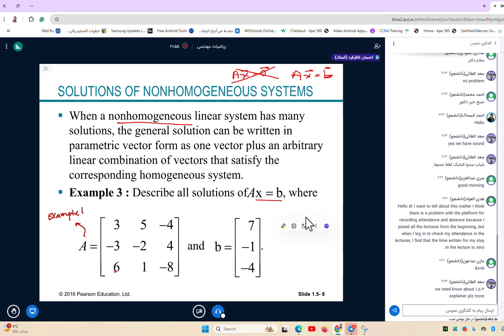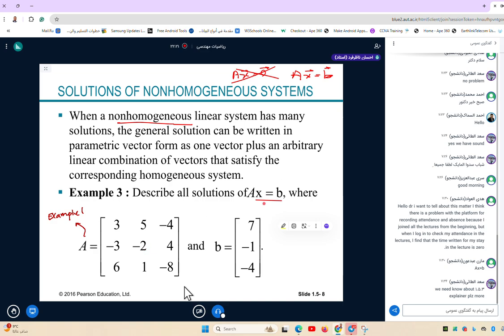To make it easier to follow the discussion, this example number 3 uses example number 1. So A is this matrix, and the vector b is this one, 7, -1, -4.